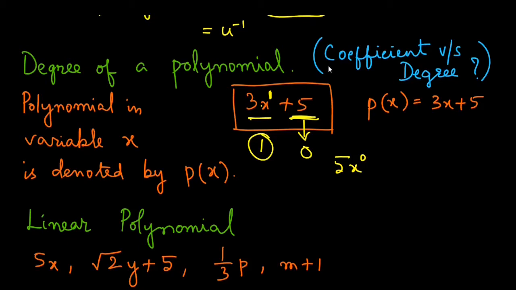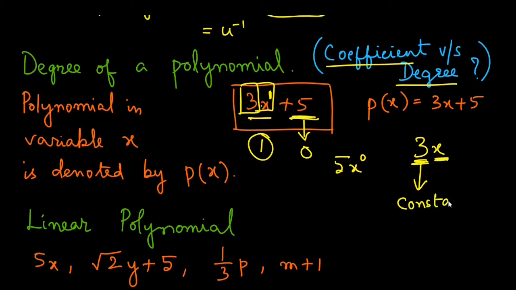We should not confuse coefficient and degree. Here we have two factors in 3x. 3x has two factors. One is x and the other is 3. The constant factor is called constant coefficient or simply coefficient.